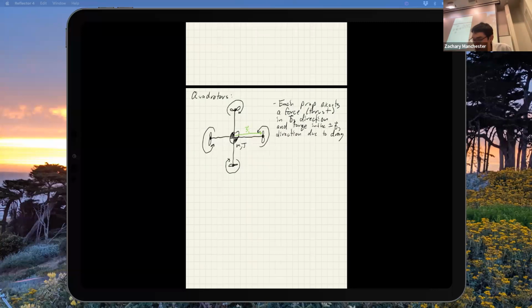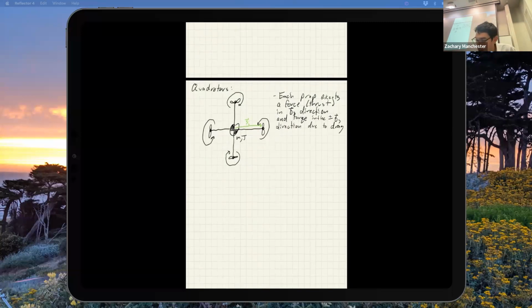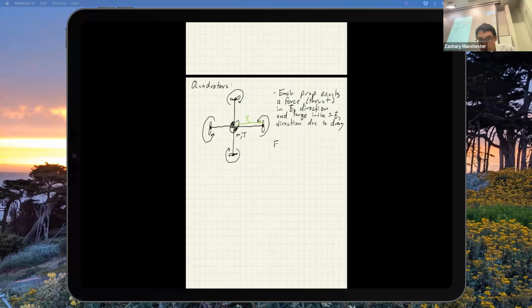Due to drag. Okay, so if I write down all the forces, I've got F_i equals K_T times u_i. This is typical. There are more complicated versions of this that account for more stuff, but to first order, this is called the thrust coefficient.